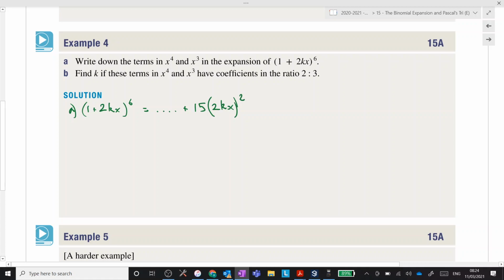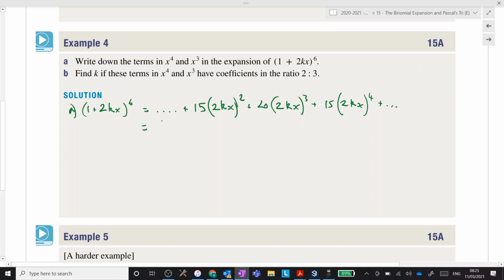Who knows? You don't need to do that one. You could have just done the next one. Sorry, that's my bad. (2kx) to the power of 3. What's the next one? 15 again. The reason we've done those ones is just to show you that it's symmetrical and it's coming back down. Okay, and we go plus dot dot dot. So we're doing around it. Cool.